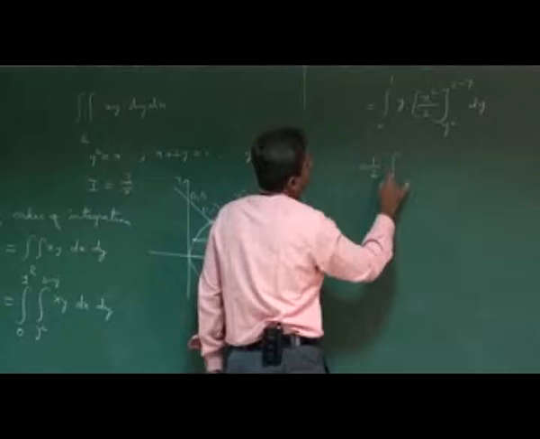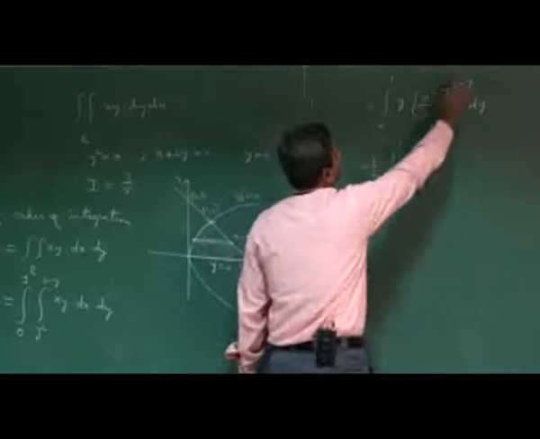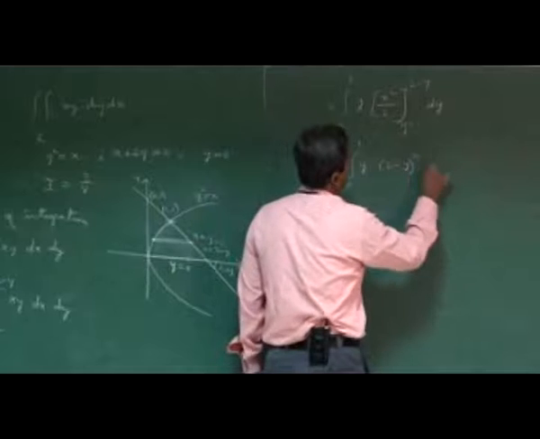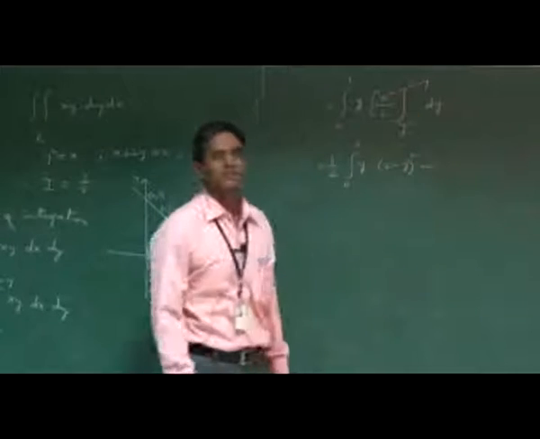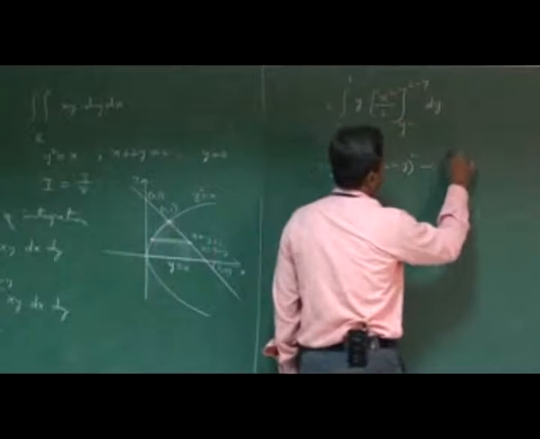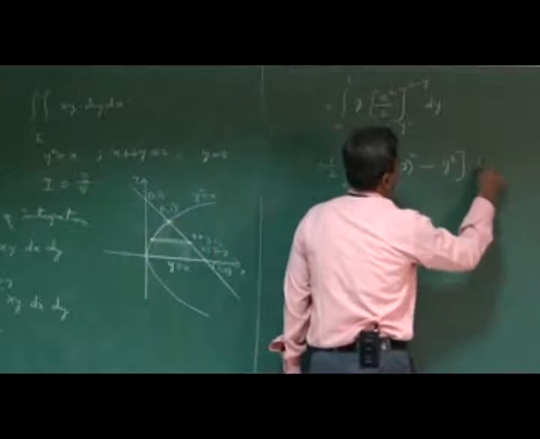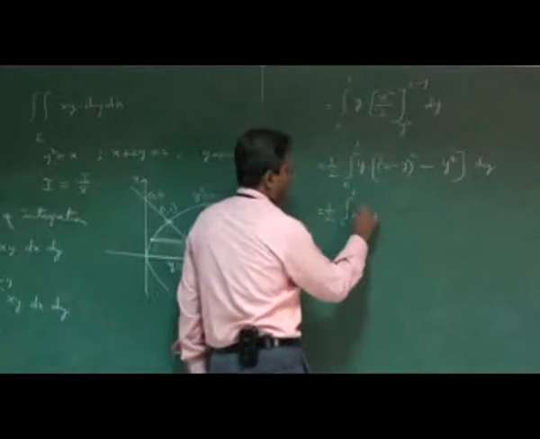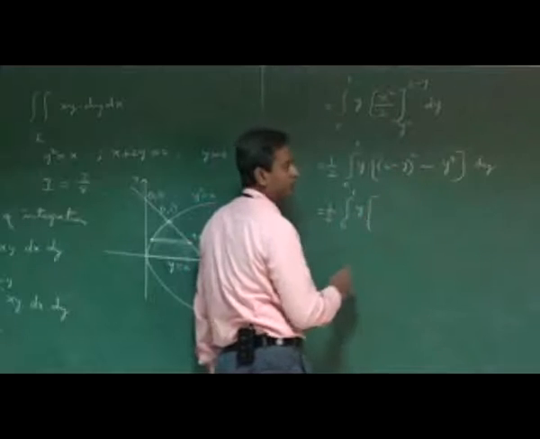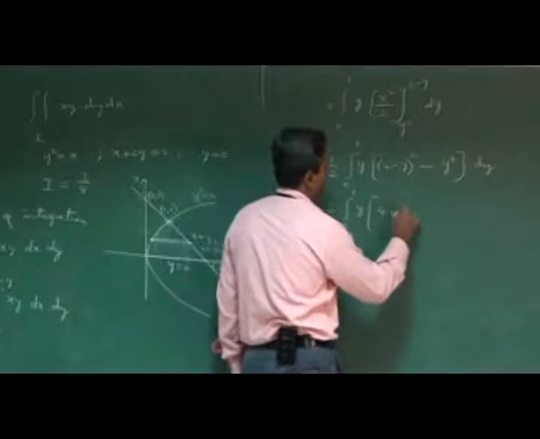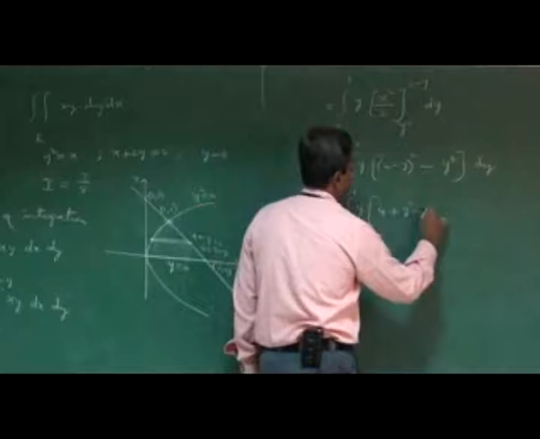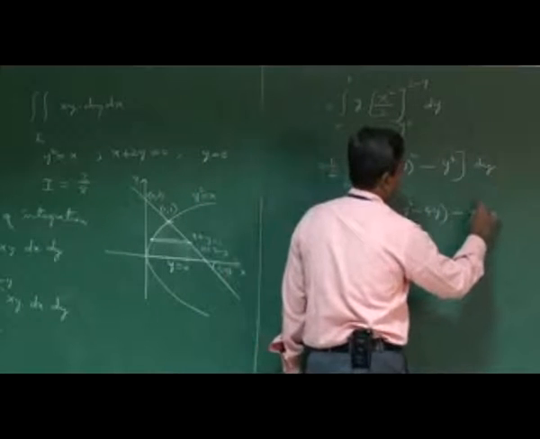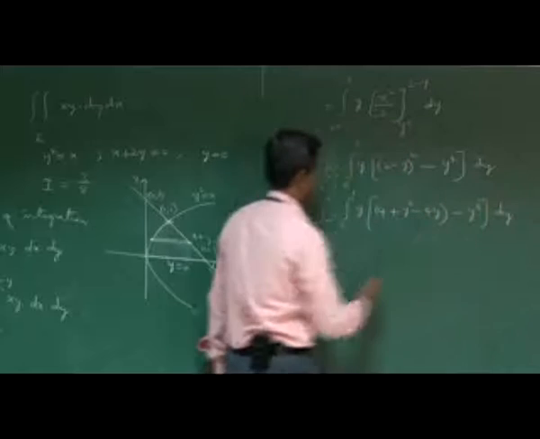Then 1 by 2 times the integral from 0 to 1 of y times the upper limit (2 minus y) whole squared, minus the lower limit squared, which gives y to the power of 4, dy. Expanding (2 minus y) whole squared, we get 4 plus y squared minus 4y, minus y to the power of 4, dy.